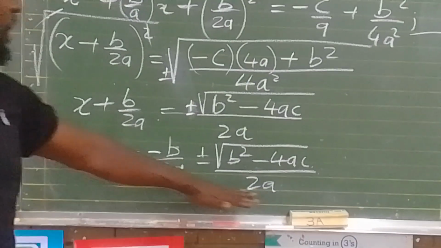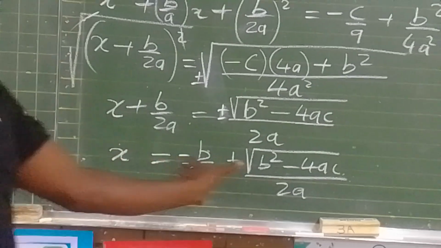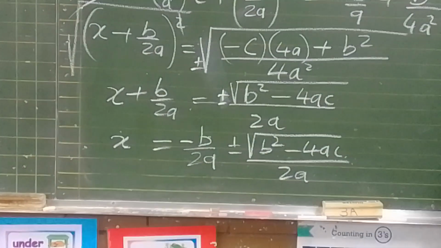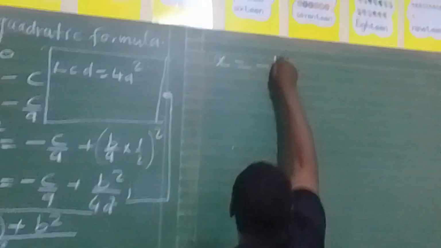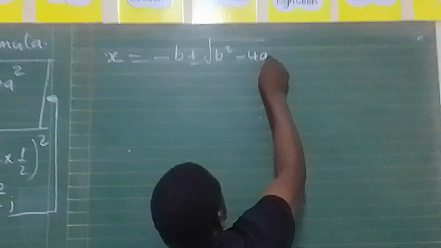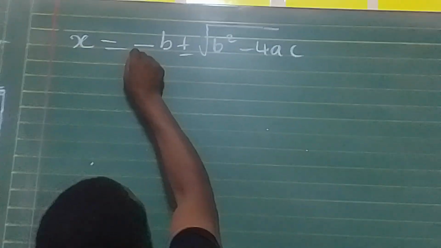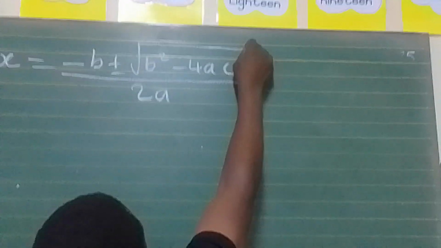You see, there is a common denominator, so we can combine these two terms. In terms of x, you're going to say x is equal to minus b plus or minus the square root of b squared minus 4ac, all under 2a.